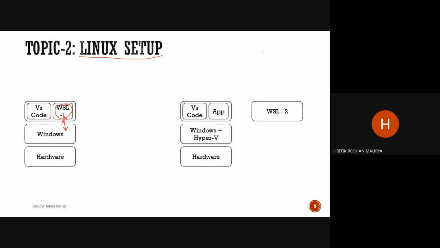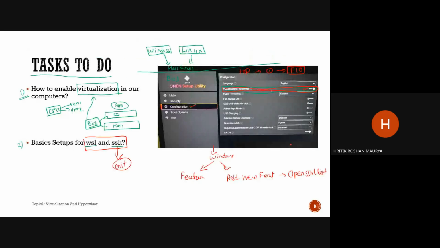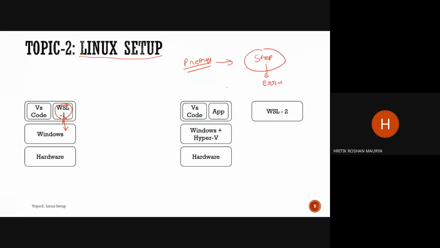So there are some prerequisites, and we have covered them: virtualization should be on, the WSL feature should be enabled, and the OpenSSH client should be there. Many times in Windows 11 most things are enabled by default so you get no error, but many times you might get errors and wonder how to fix them. That prerequisite part, how to do it, we are going to do next.